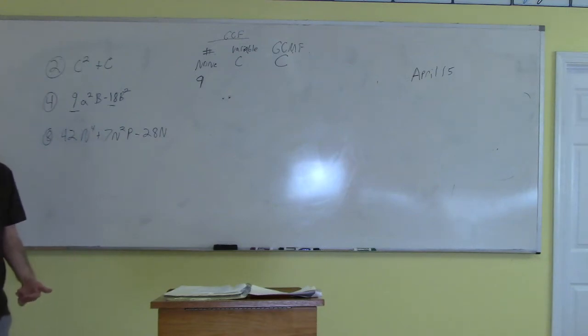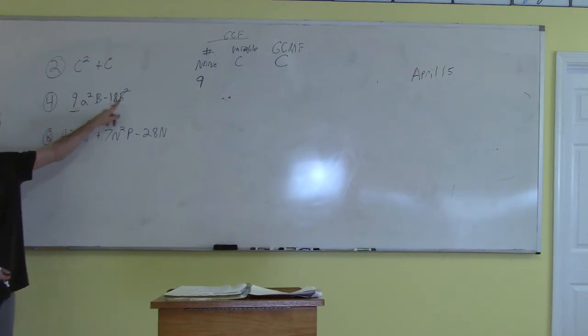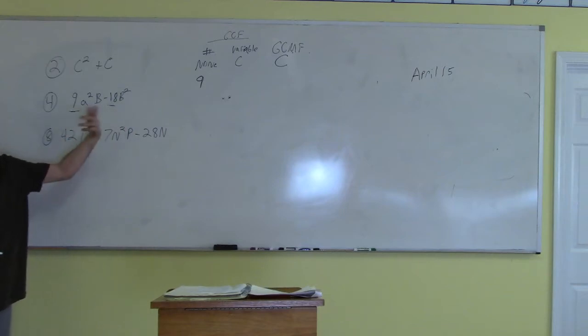The variable, okay, I'm going to ask the question, what is the highest variable that could go into both of these? Well, notice that this one has an A, but this one doesn't have an A. That means that it couldn't have an A that goes into both of them. I could do an A here, but this one doesn't have an A, so an A doesn't go into both of them.